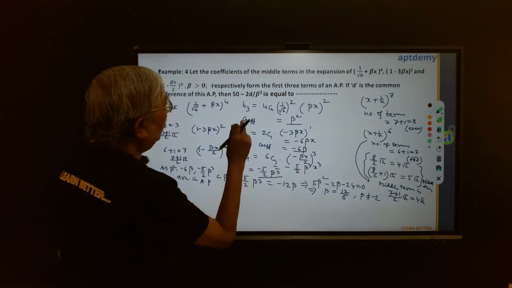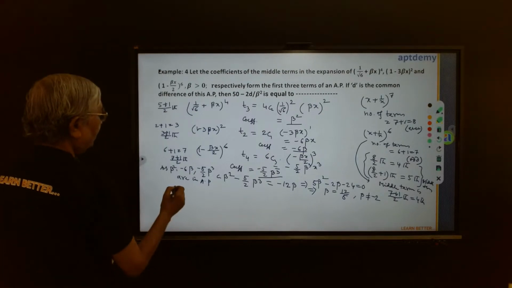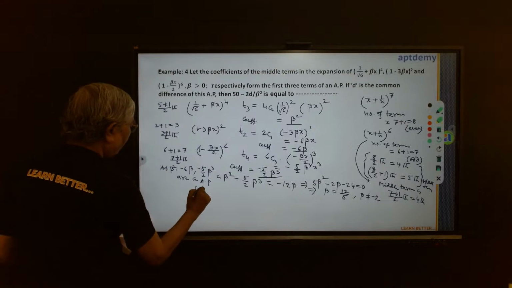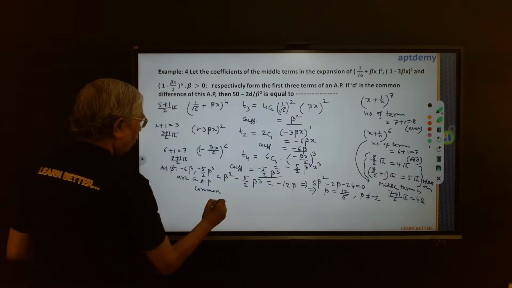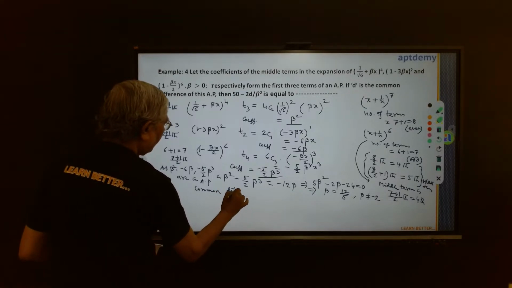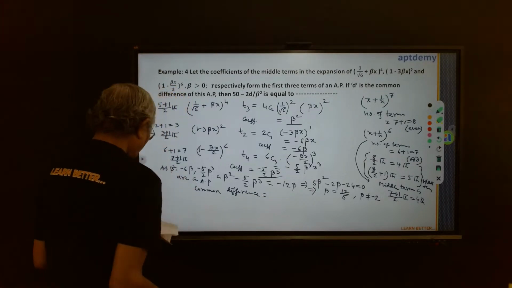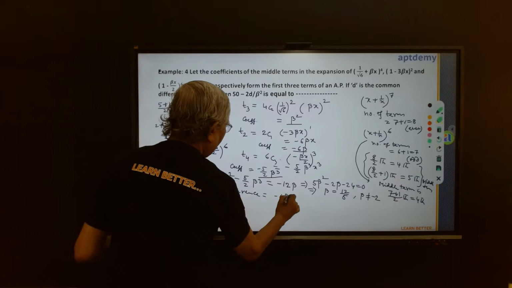So what do we want? The common difference. The common difference d equals minus 6 beta minus beta square.